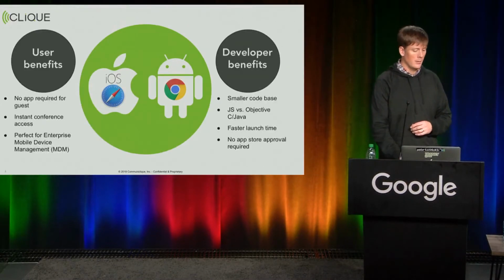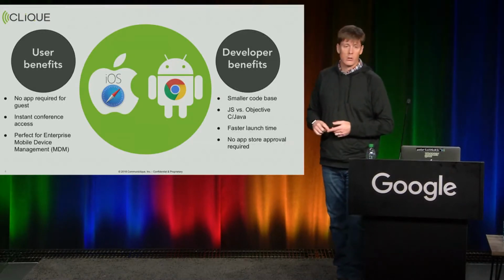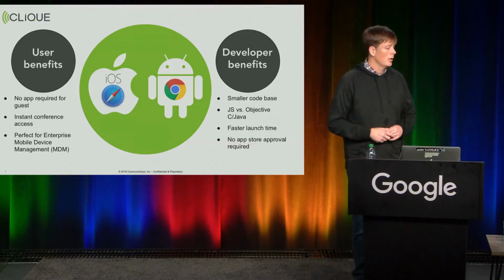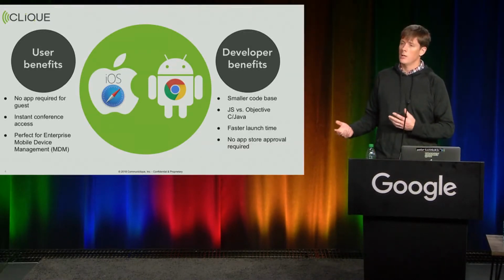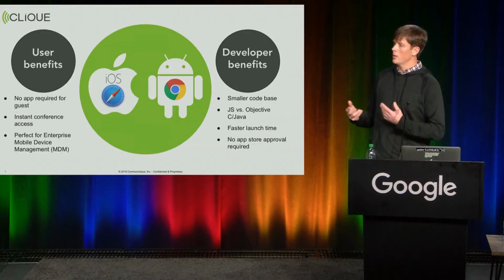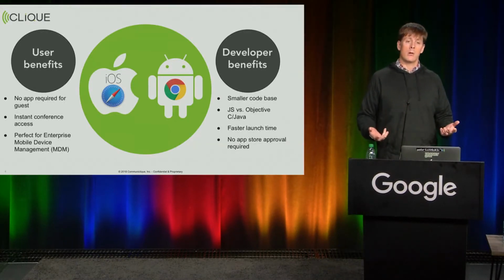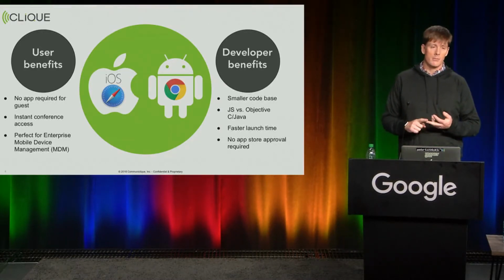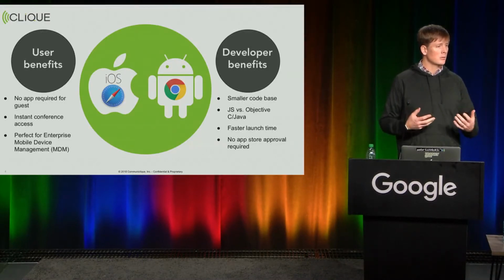And for us, we see a lot of user benefits specifically for using the mobile browsers. If you are in an audio conference and you attend these every day, no more need for a pin. Just get a URL, pull it up on your mobile device, and bang, you're right into the conference. That gives you instant conference access, and you do not need to download a particular application and install it.